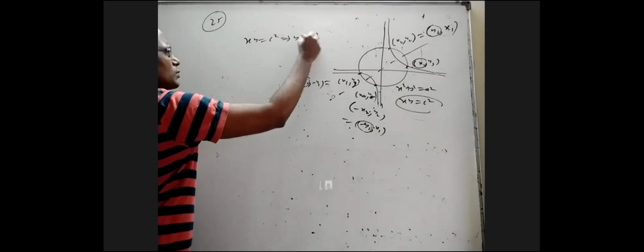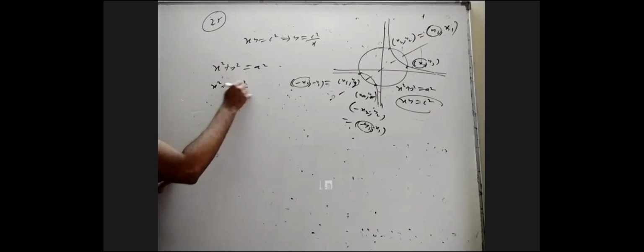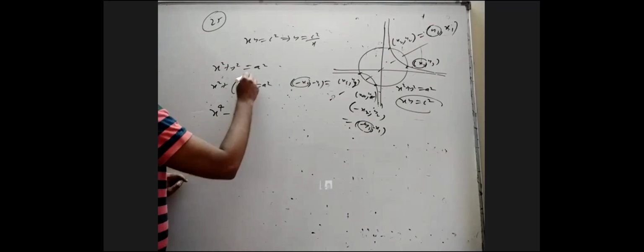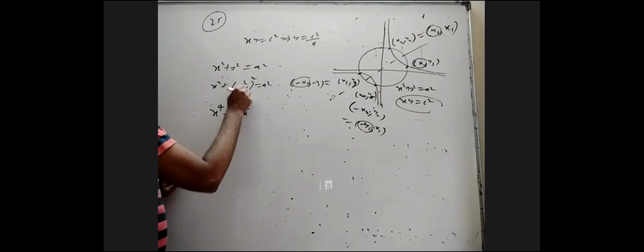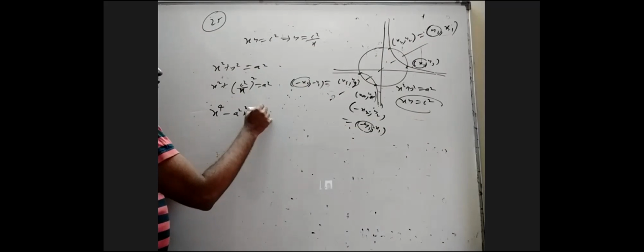Otherwise, xy equal to c square, you can write y equal to c square by x. Take x square plus y square equal to a square. In the place of y, I can write c square by x. I'll get a fourth degree equation, x power 4 minus a square x square plus c power 4 equal to 0.